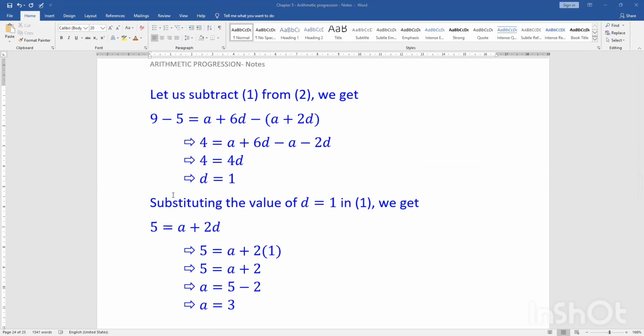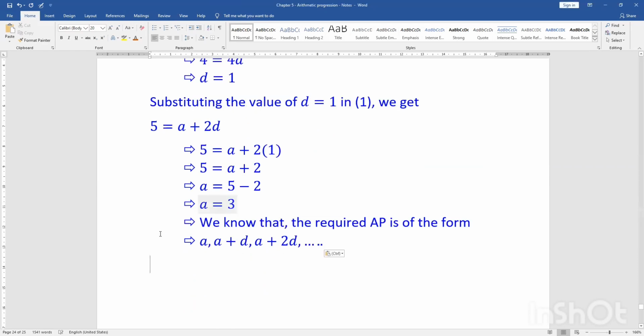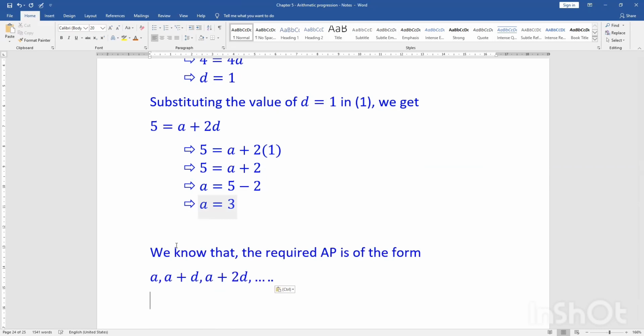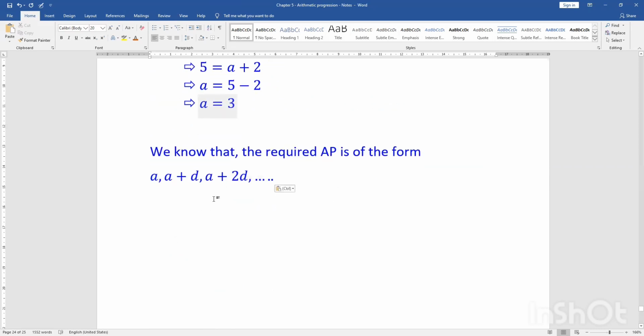Now, you may know that the general form of an AP is A, A plus D, A plus 2D. Remember this formula. So the required AP is of the form A, A plus D, A plus 2D. We substitute the values of A and D accordingly.